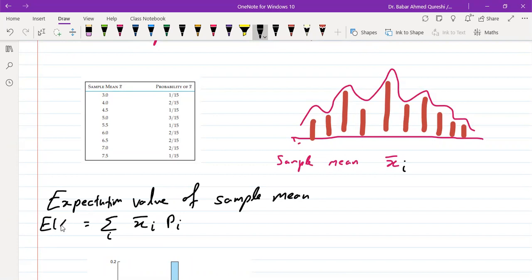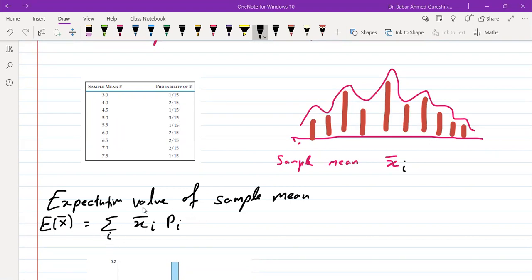This gives you the expectation value of the sample mean. Now, just for fun, if you compute the sample mean for this data, you are given all possible values of the means and you're given the probabilities.